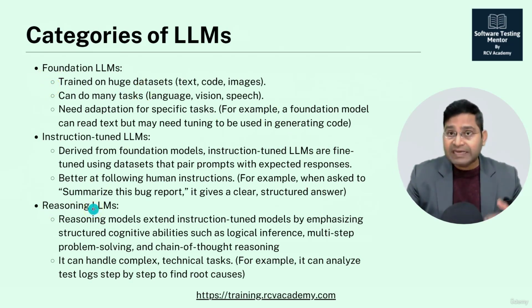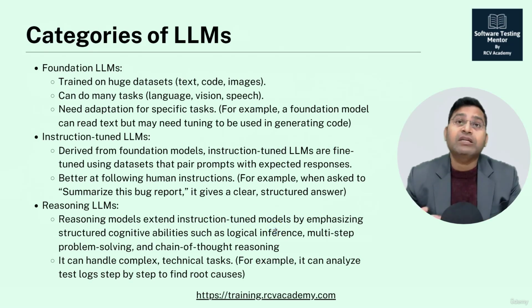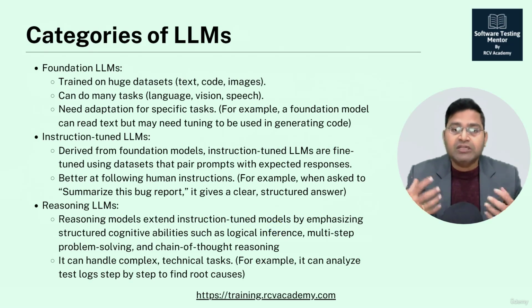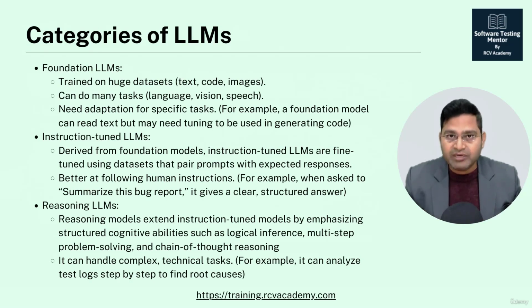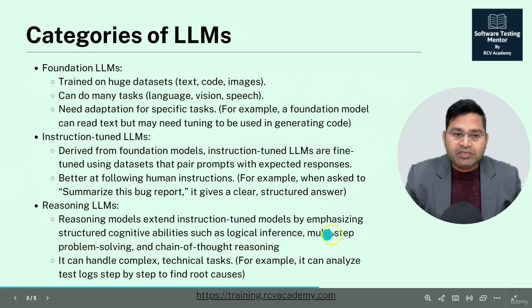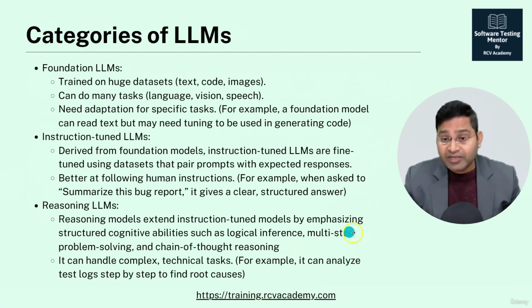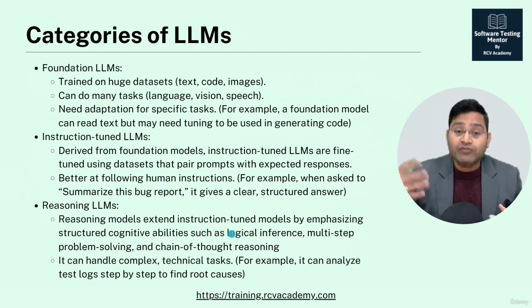Then we have the reasoning LLM, the next stage of the learning. Reasoning models extend instruction tuned large language models. They further extend the instruction tuned model by emphasizing structured cognitive abilities like logical inference, like how the human brain thinks logically. So it has logical inference, multi-step problem solving, and chain of thought reasoning.